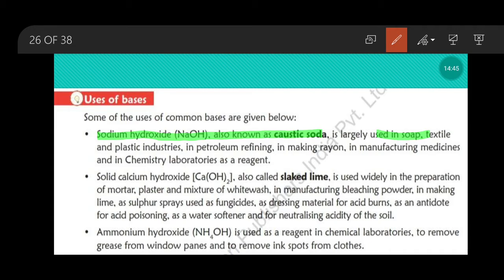Calcium hydroxide is used as slaked lime, widely used in the preparation of mortar, that is chuna banane mein, plaster and whitewash mixture. So these are made of calcium hydroxide. I will ask you about slaked lime. Finally, ammonium hydroxide is used as a reagent in chemical laboratories, to remove grease from window panes and to remove ink spots from clothes.